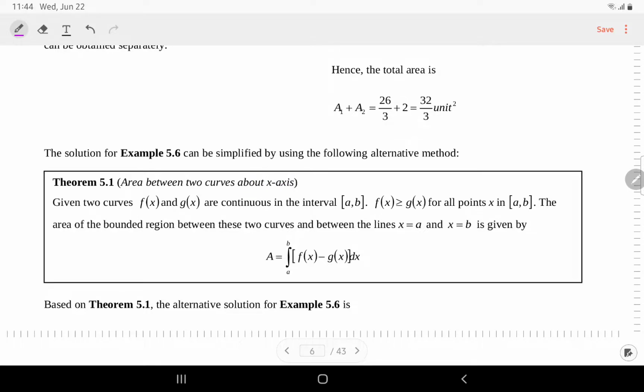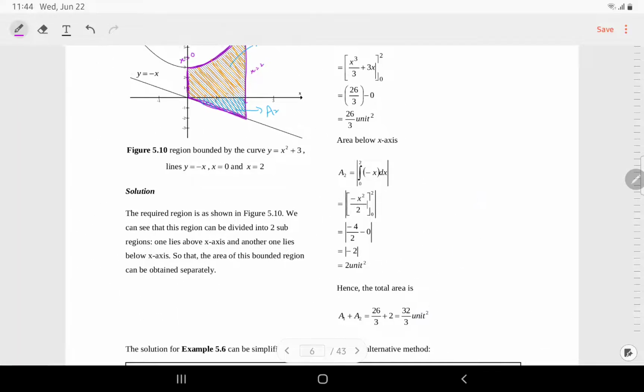Macam tadi, case tadi. Formula dia A equals the first function minus second function. Ada dua function terus tolakkan, rather than kita buat yang macam ni. Pecah kepada dua.